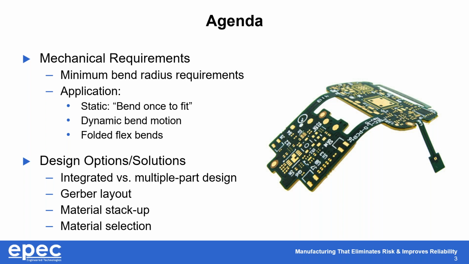The static application, where the circuit is bent once to fit into the packaging. A dynamic bend motion application, where as a function of the end product's operation, the flexible circuit is in constant motion. And we're also going to touch upon folded flex bends, and we'll get into a little bit more detail on that specifically a little later on.